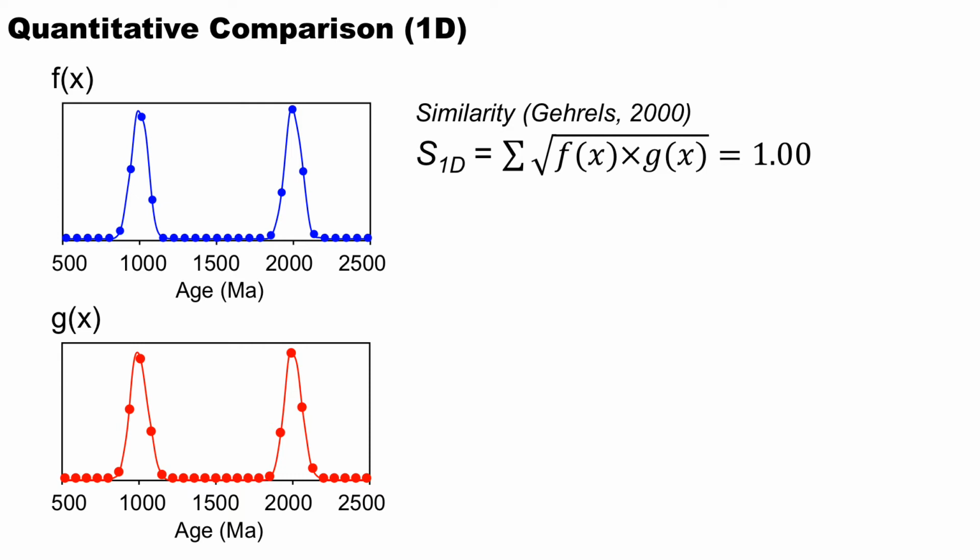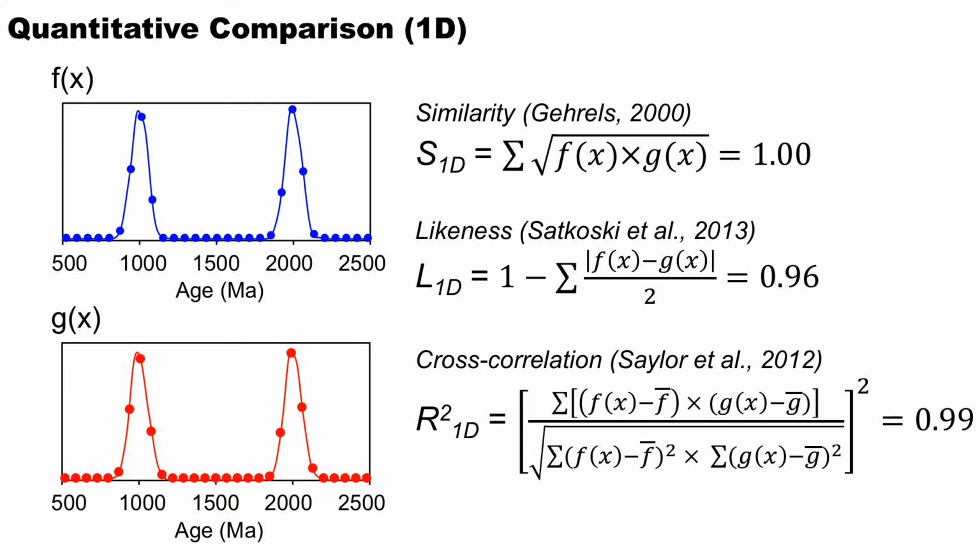So one way to quantitatively compare them is to take the geometric mean of each pair of y-axis values and sum them together, and you'll get a number between 0 and 1, where a 1 is a perfect match and a 0 is a complete mismatch. In the detrital zircon literature, this has been extended into other quantitative metrics such as likeness and cross-correlation, each of which also gives you a value between 0 and 1.